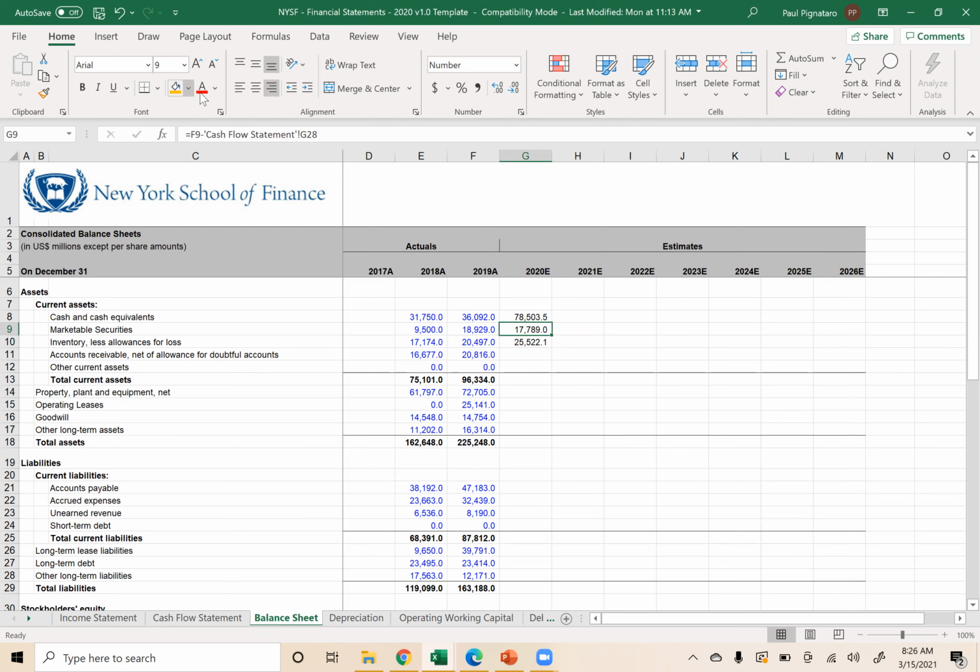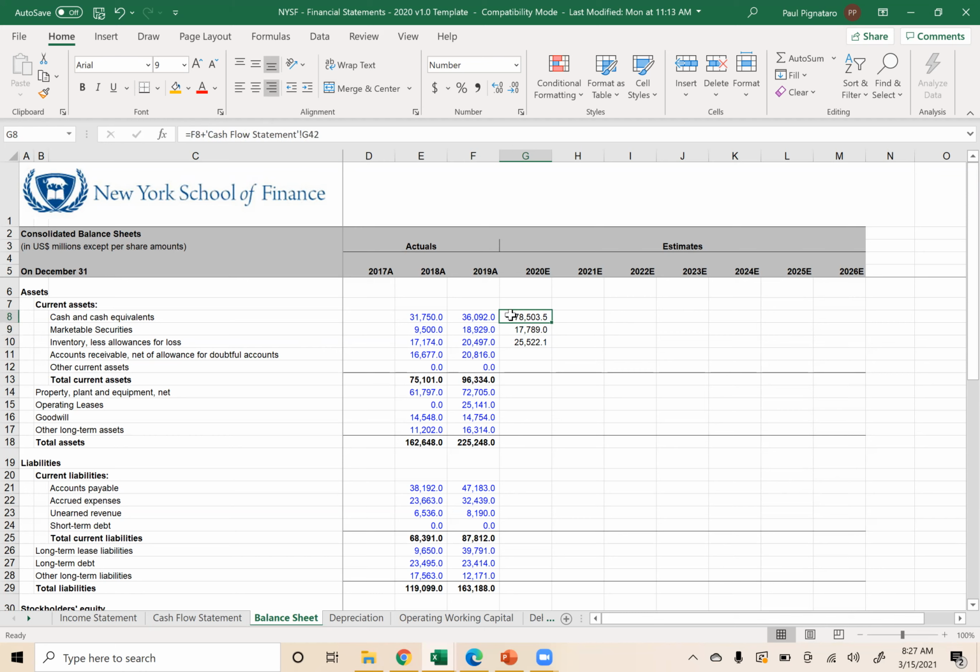Look at the pattern and formula here. The value equals the item from the year before, plus or minus the cash flow change. Very simple. And notice what you've seen here will be an ongoing pattern for the assets. It's a minus.